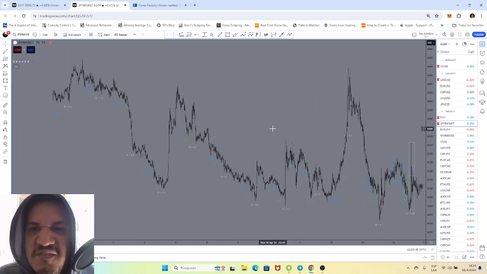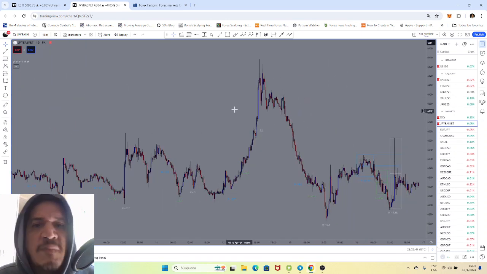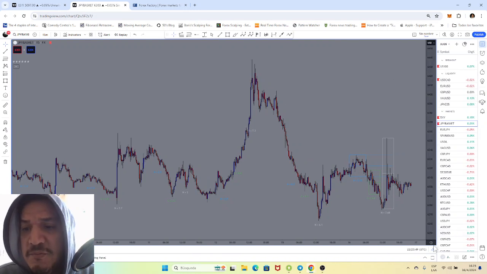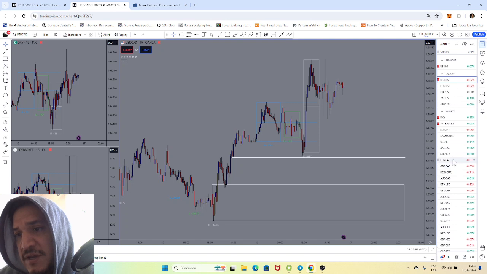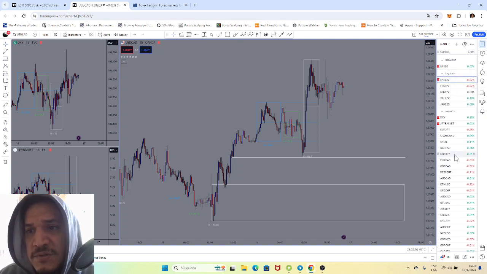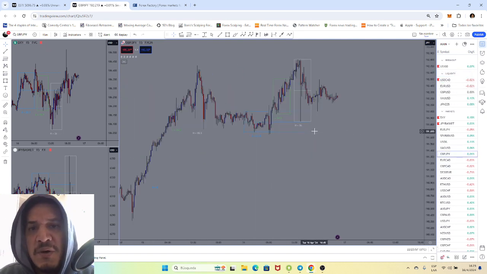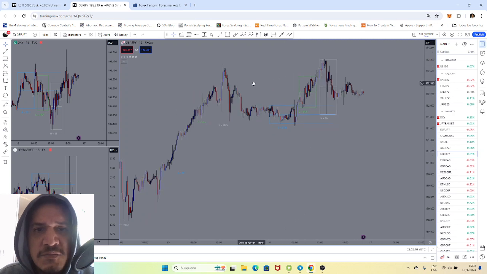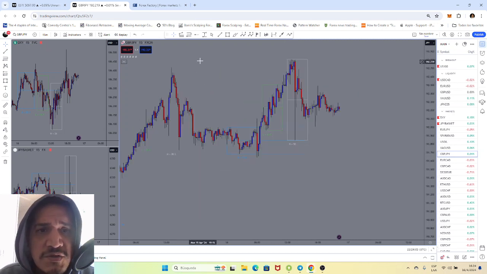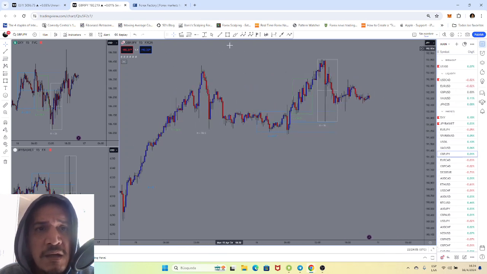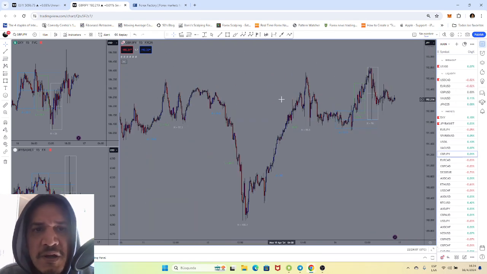I'm still looking for longs. I had this pound yen short that I got stopped out at break even with the swing trading group. So what we did here is that we shorted. Where was it that we shorted? I don't remember.